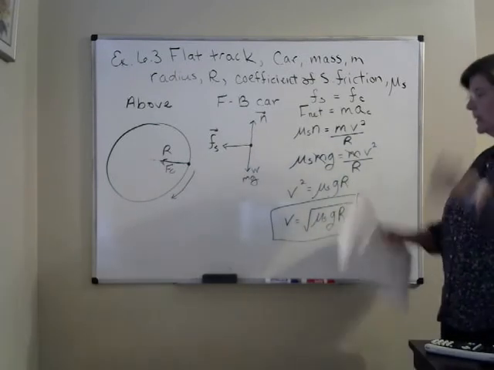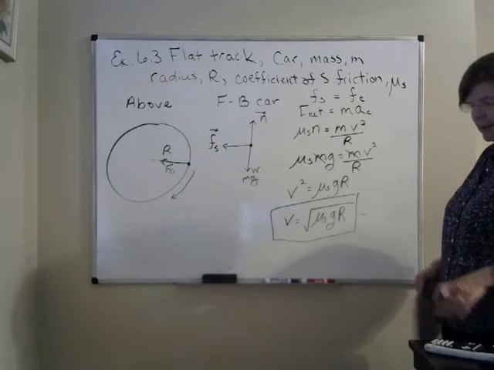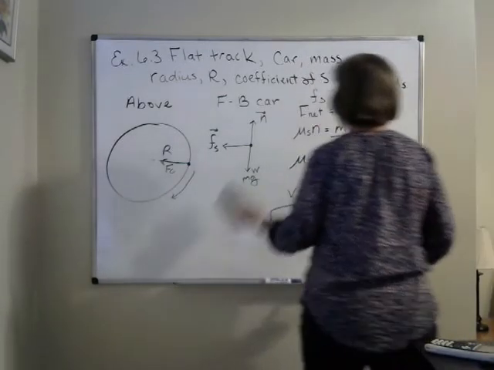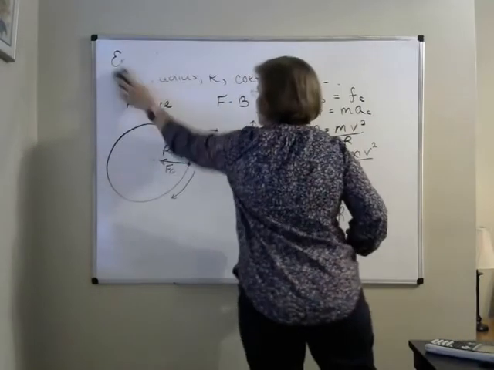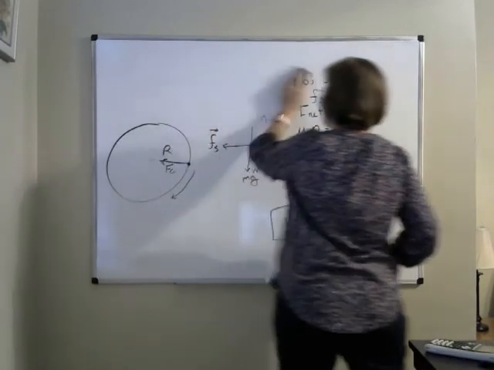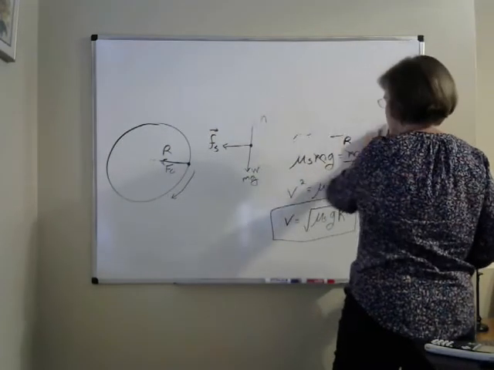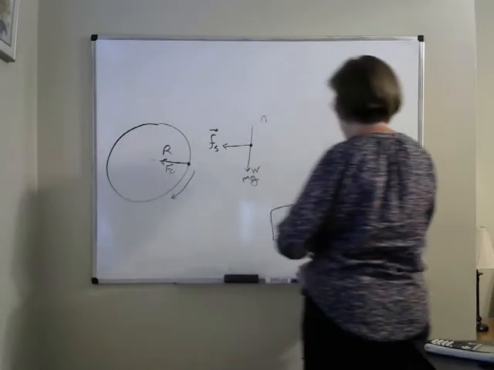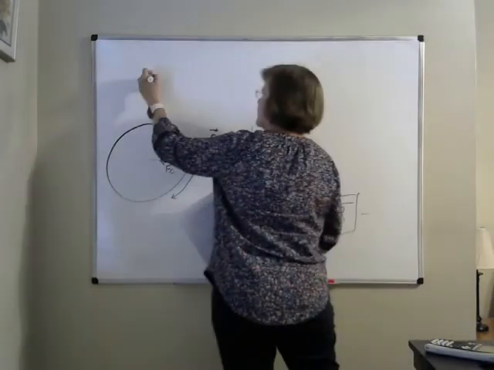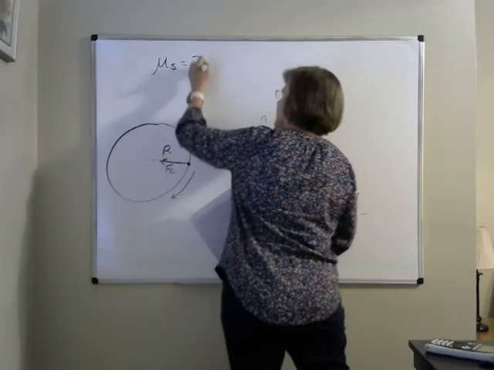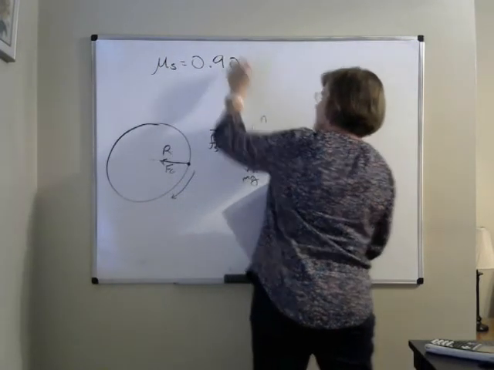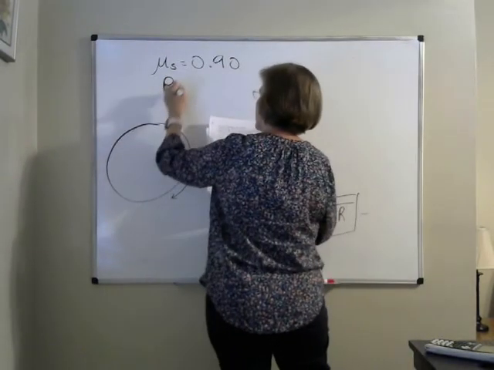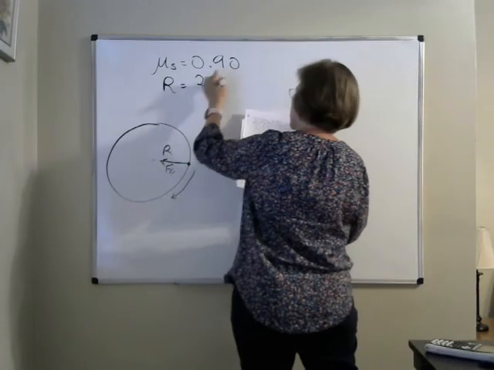Now, if we want to put in a particular example, let's look at something with some numbers. Perhaps we have a coefficient of static friction that is 0.90, and the radius, the curvature of the road, is 250 meters.